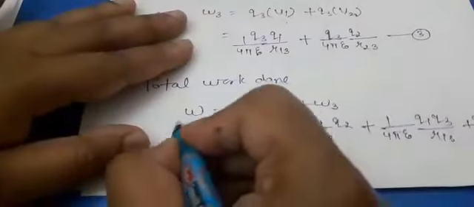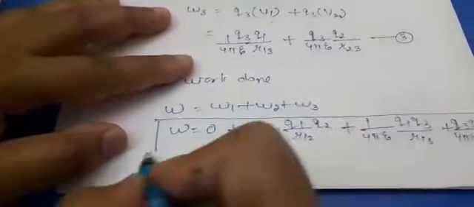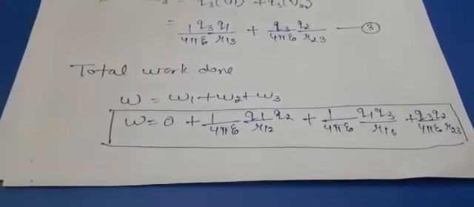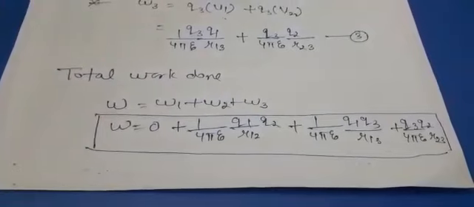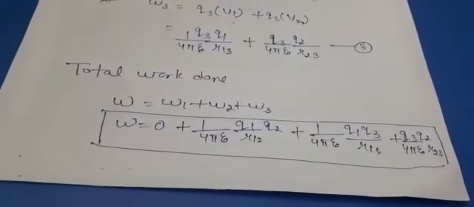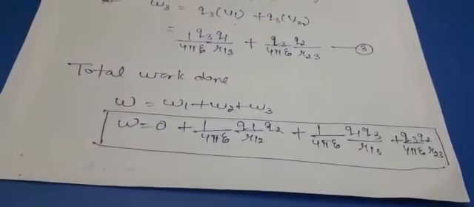So this is basically the final result. The potential energy of a system of 3 charges we have taken in terms of work done. You can represent it by U also, that is the same.